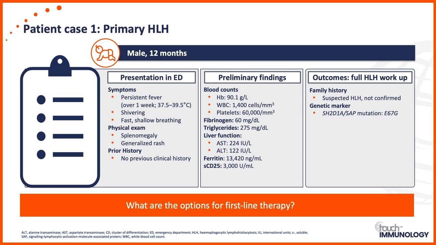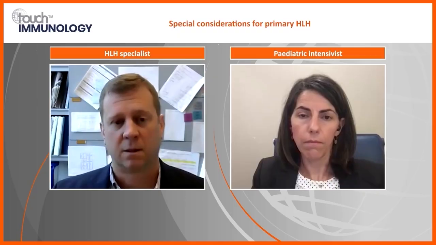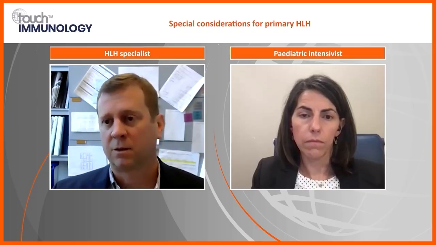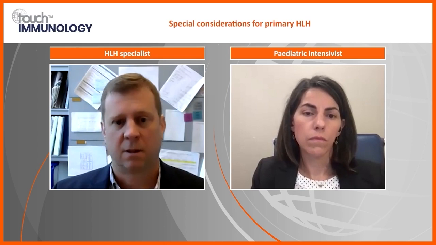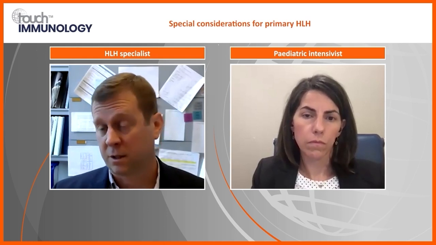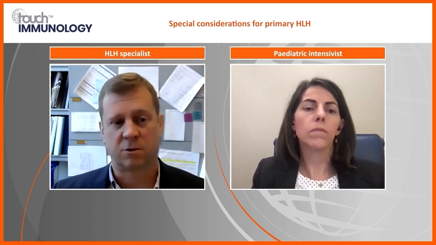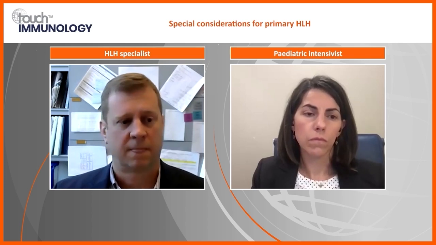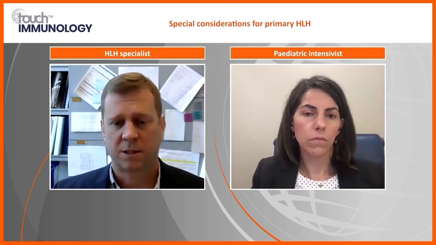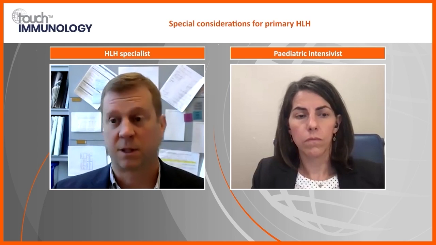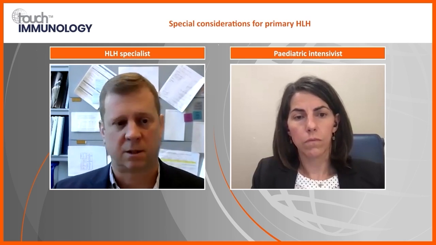And in fact, was found to have a mutation in SH2D1A, which is a gene encoding SAP, the protein associated with XLP1. So this is a child who presents with XLP1 associated HLH and no obvious infection associated with that, even though EBV is a major driver in that context, but not always. And so what do we consider in terms of therapy in what is obviously a primary HLH patient?